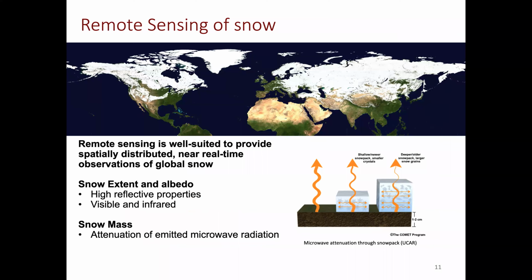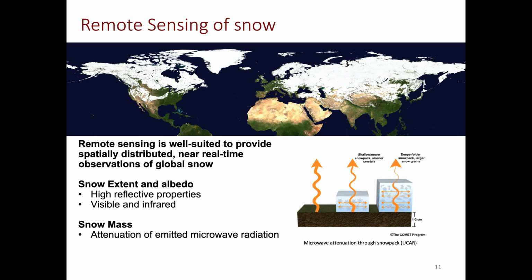The measurements that I just showed are all labor intensive and don't cover large areas. Remote sensing, on the other hand, is well suited to provide spatially distributed, near real-time observations of global snow. Snow is highly reflective, and we can estimate the snow extent using visible and infrared wavelengths, which we'll talk about in a few slides.